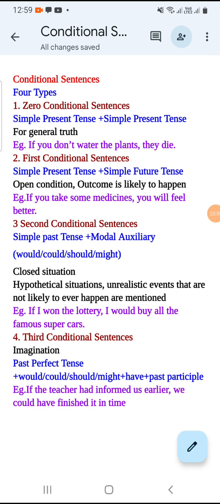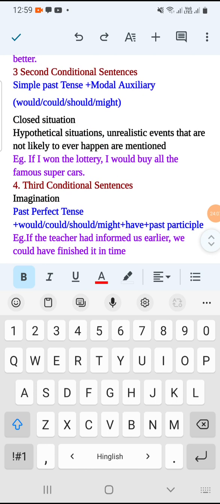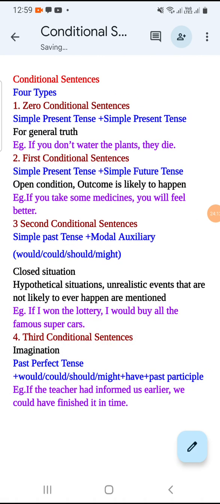So what is this example? If the teacher had informed us earlier, (अगर मुझे teacher पहले बता देती), we could have finished it in time, right? (तो हम क्या करते, उसको टाइम पे फिनिश कर लेते.) This sentence is another example. If I had worked harder, just imagination.